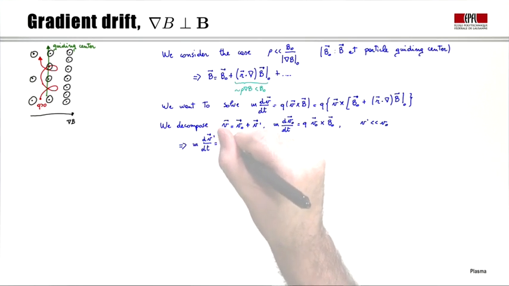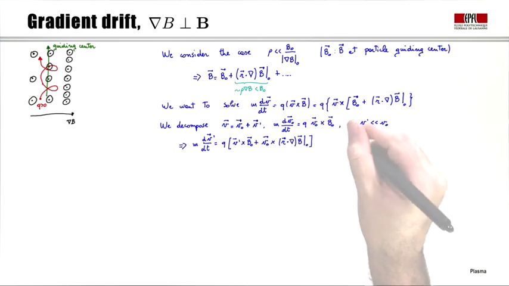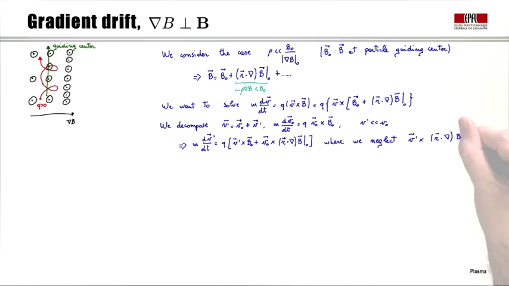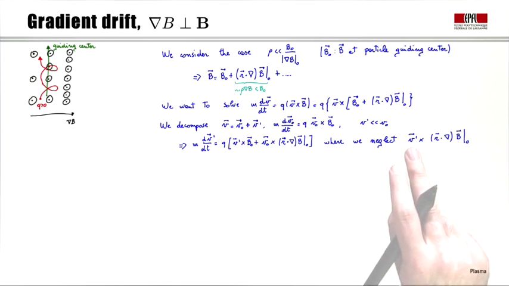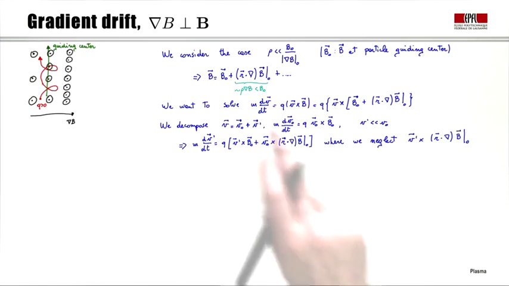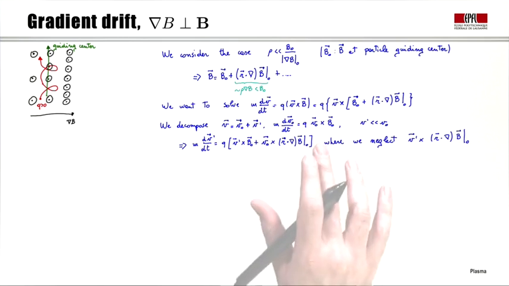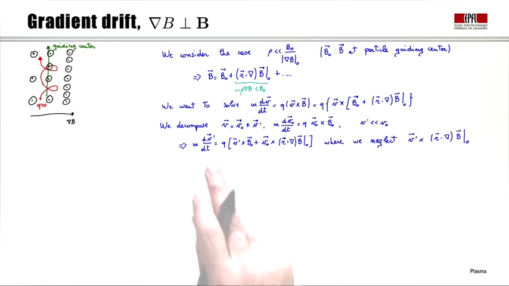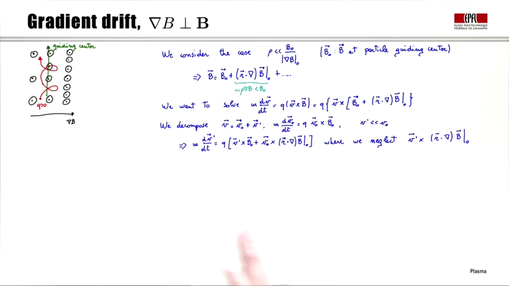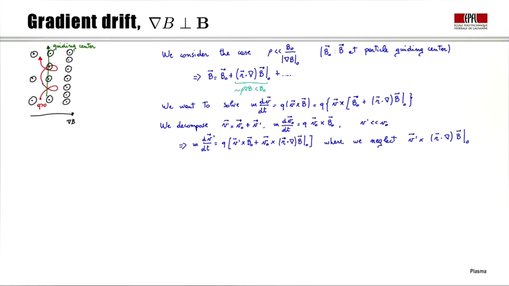Therefore, V prime will satisfy the equation where we can neglect the higher order term, as this term is given by the product of two small quantities, V prime and R grad B. Now, what we are interested in, in solving this equation, is getting the average V prime, the V prime that actually represents the steady state motion of the guiding center, the drift.